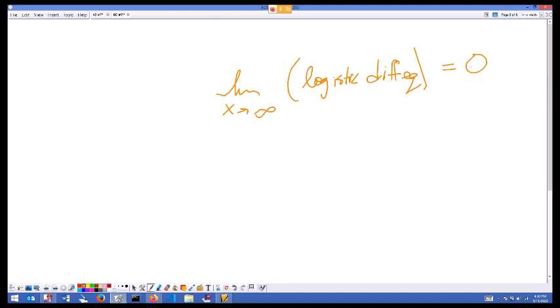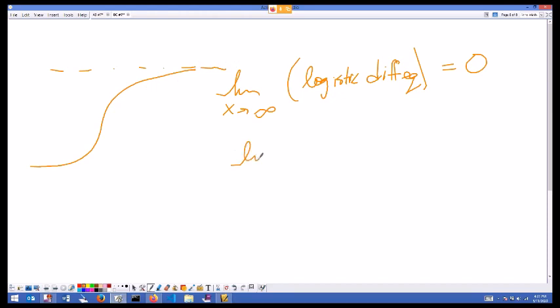This is your logistic differential equation, the logistic growth model. As we go towards infinity, the rate of change becomes 0 because it's approaching the horizontal asymptote.